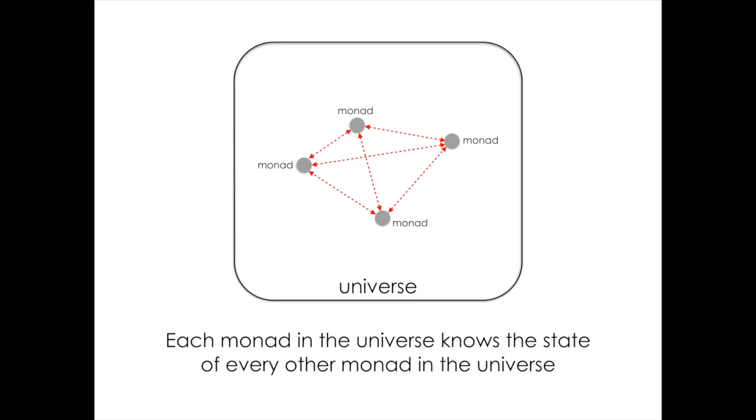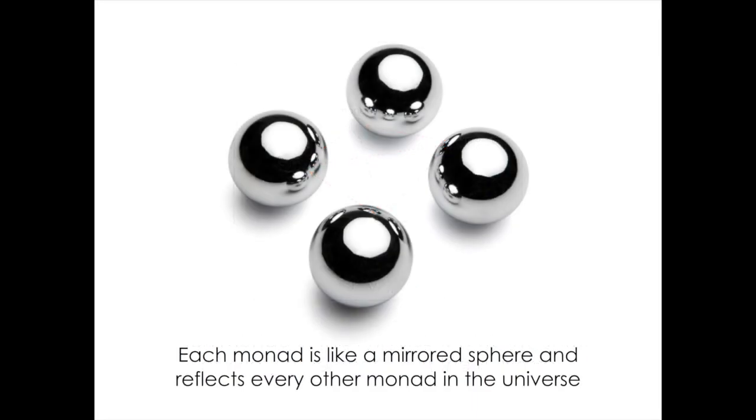But he likens each monad to a mirrored sphere, a mirrored ball, that has on its surface a reflection of every other monad in the whole universe. So those are kind of his ground rules for how monads work.